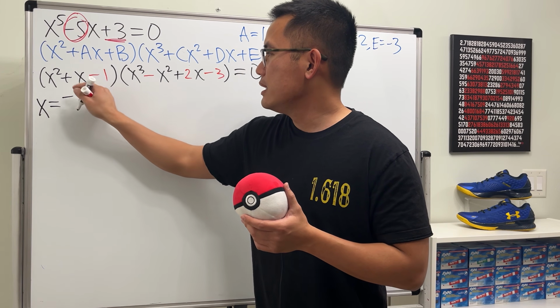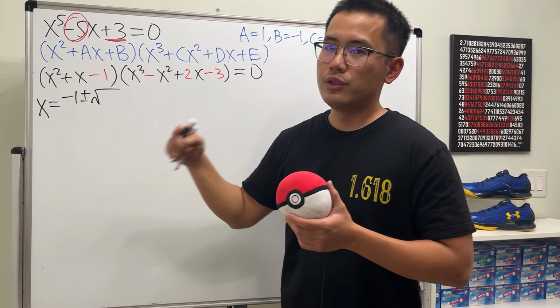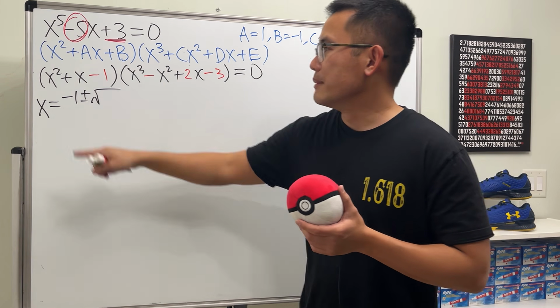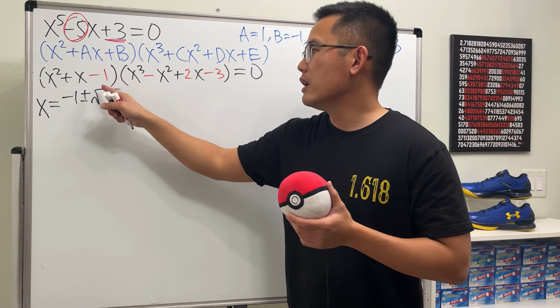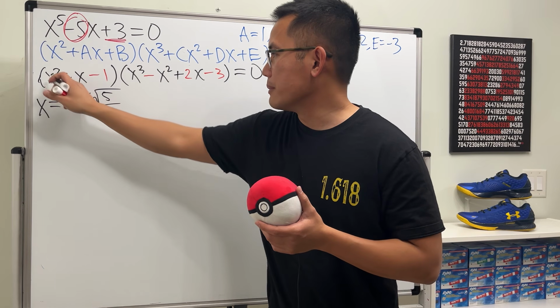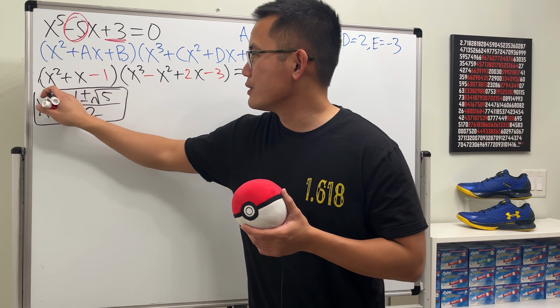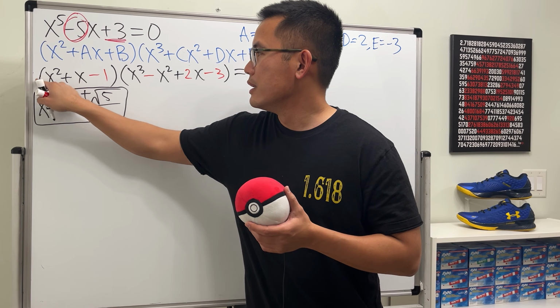X is equal to -b, which is 1, plus or minus the square root of this squared, which is just 1, minus 4 times this and that becomes plus 4. So altogether, it's going to be 5 inside, all divided by 2 times 1, which is just 2. Congratulations! Here we have our first two solutions.